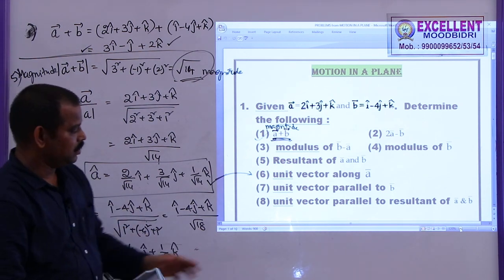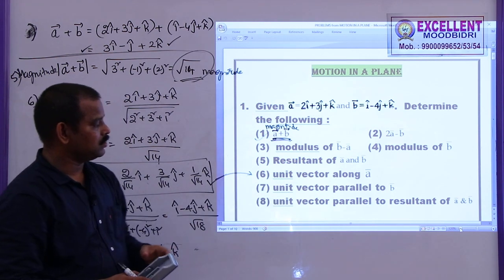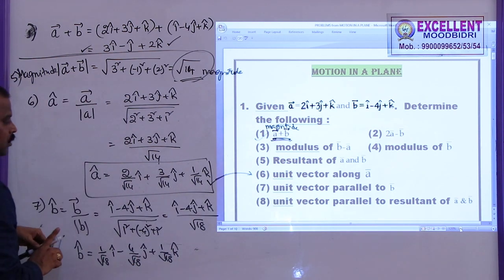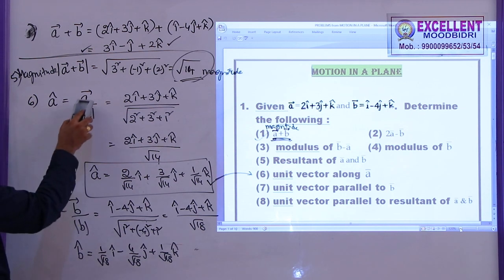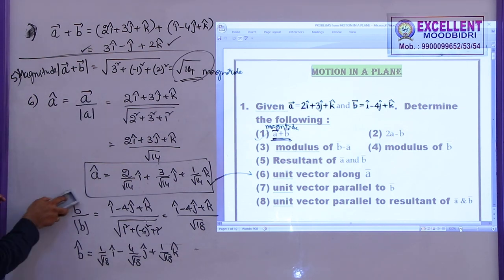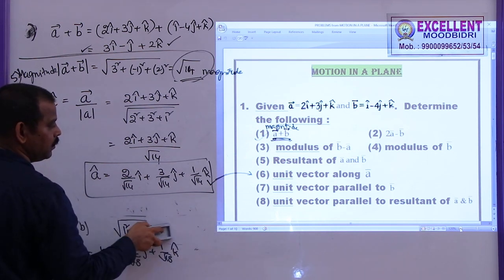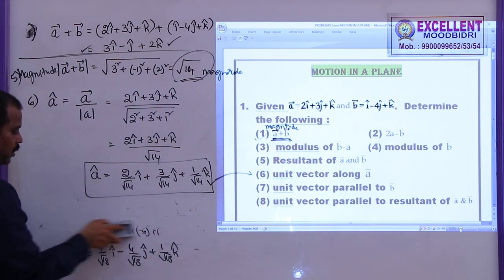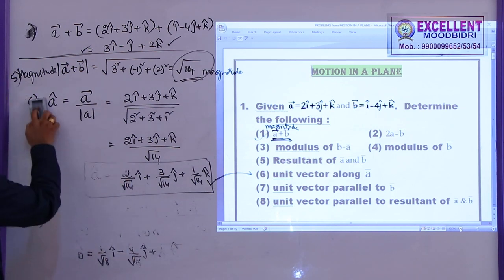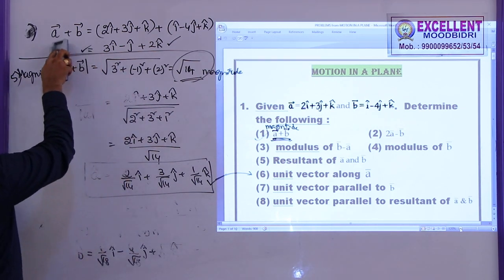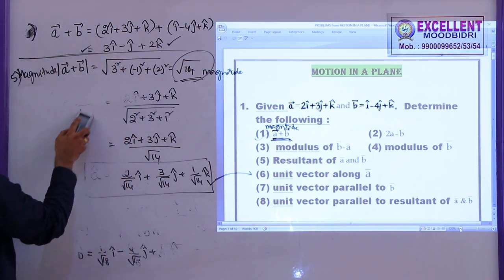Now the eighth one is the unit vector parallel to the resultant of a bar and b bar. So how to find a unit vector? That is the given vector by the magnitude of that vector. So in this problem I have to find a resultant vector in the direction of a bar and b bar. Here we have both the a bar plus b bar vector and the magnitude of this vector.